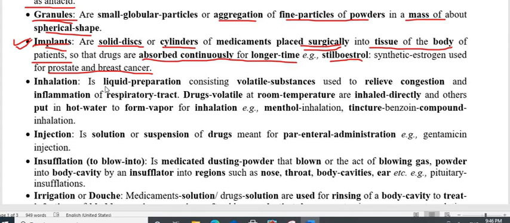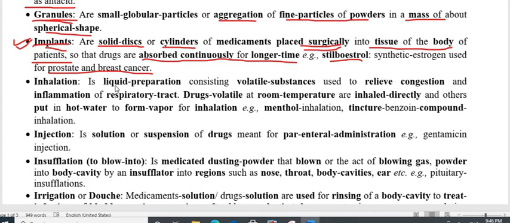Generally we perform inhalation when we have a dry cough. The drug has to reach the respiratory passage up to the lungs, and the drug should be volatile. When the compound becomes volatile and is converted into vapor, it will reach up to the lungs. This is called inhalation.